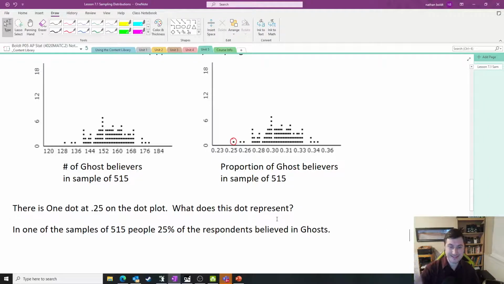All right, that's what the single dot means right there. It's an entire sample, 25% believe in ghosts in that sample. It's the first thing I want you to be able to do with sampling distributions, interpret what the dots mean. Hopefully that's not too bad.